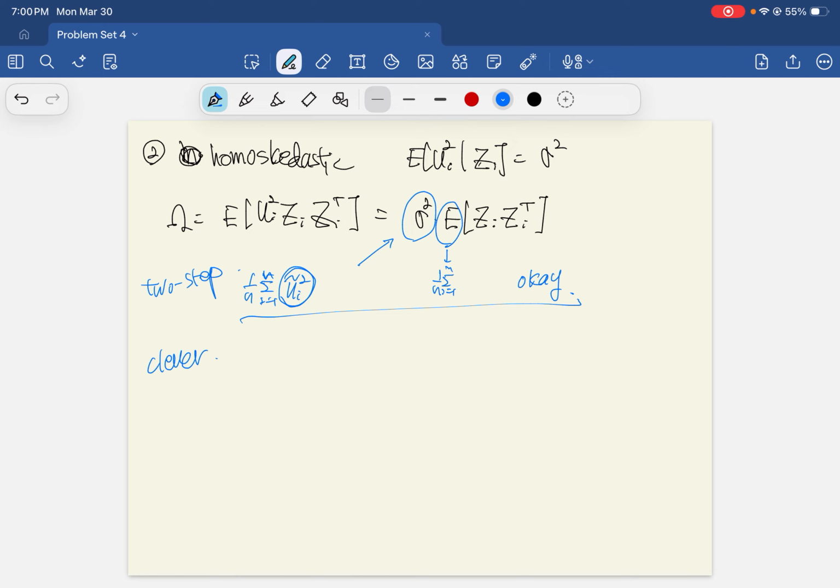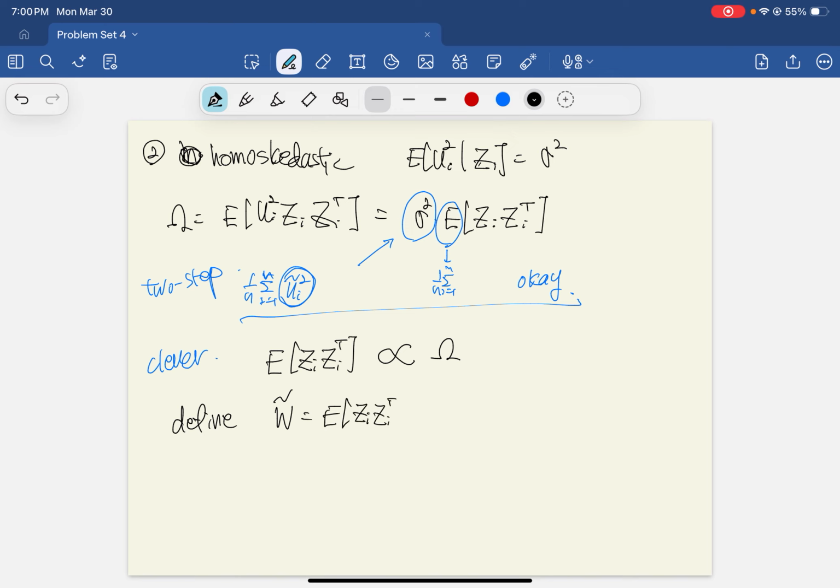So think about this. The expectation of zi zi transpose, ignoring the sigma squared, is proportional to omega. And define W tilde as its inverse, which is proportional to omega inverse.